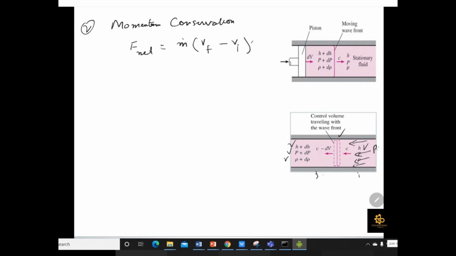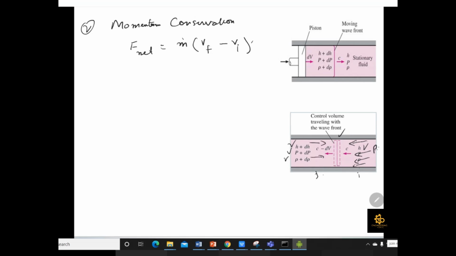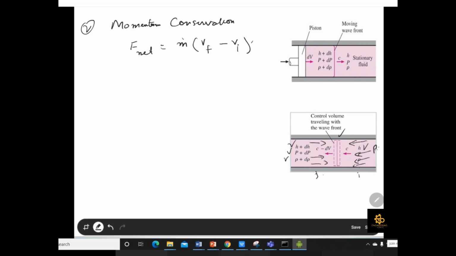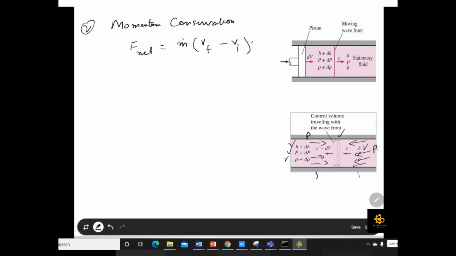This is my pressure and it is acting on the control volume. Inside, if there is a flow and some pressure at a specific point, there will be pressure from both sides. P is acting towards the left side as well as from the right side to the control volume.